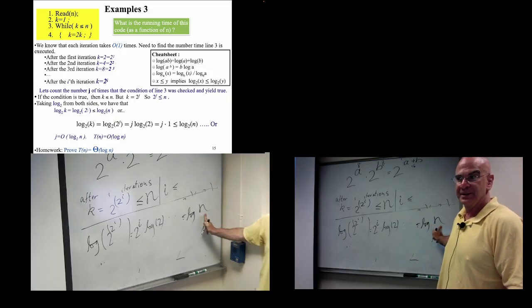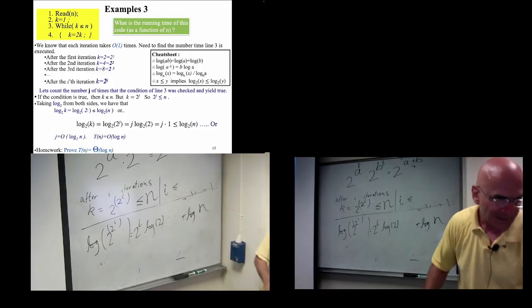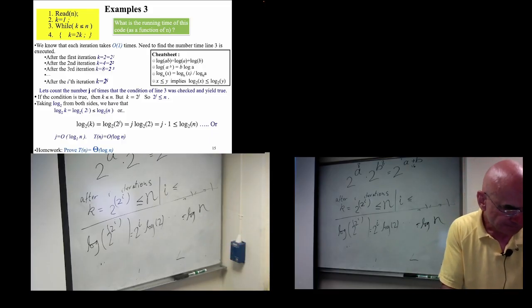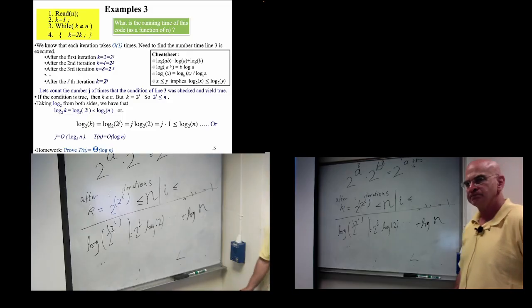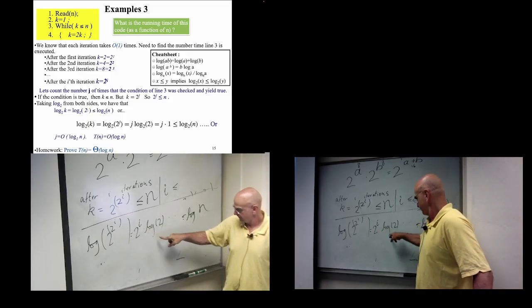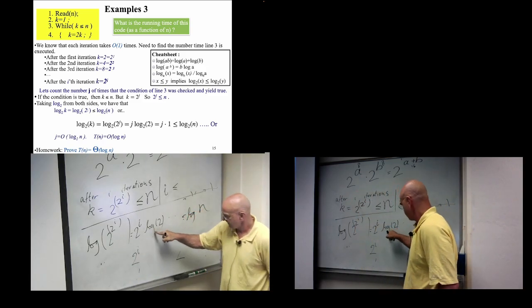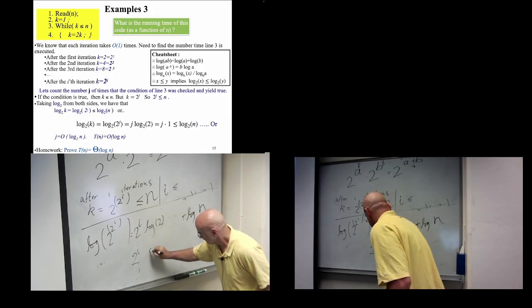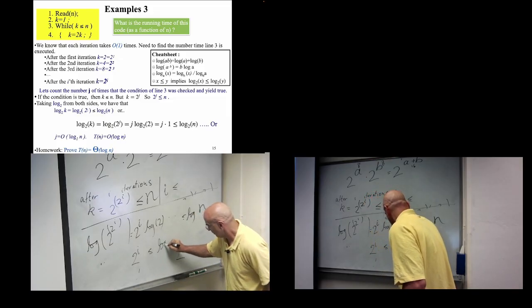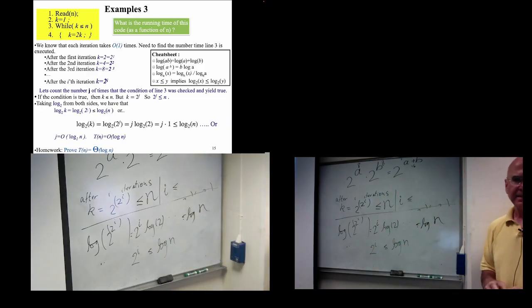2 to the i times log 2 is smaller or equal than log n, but I want to get i, the iteration number.